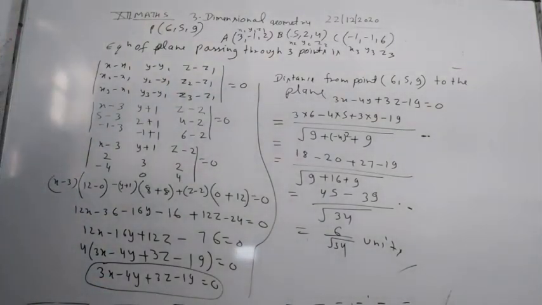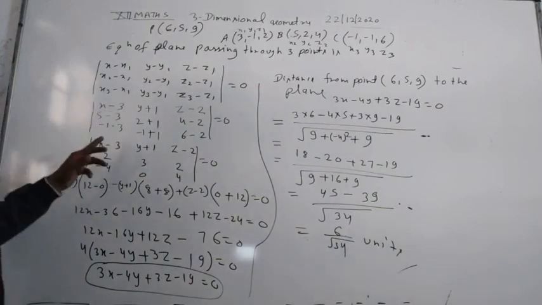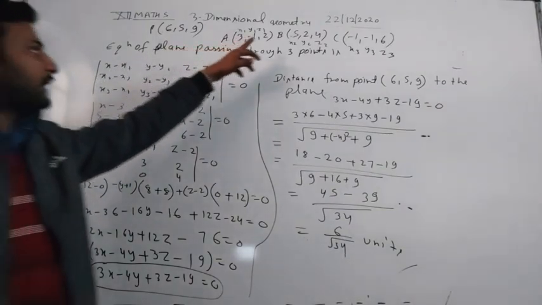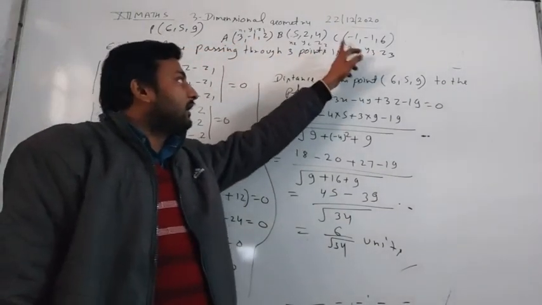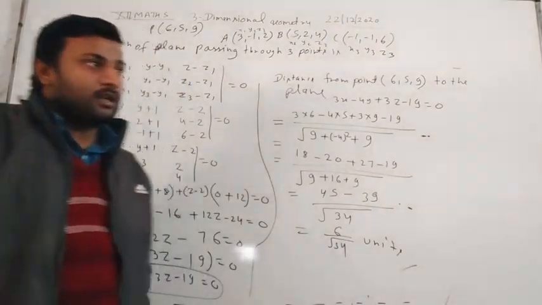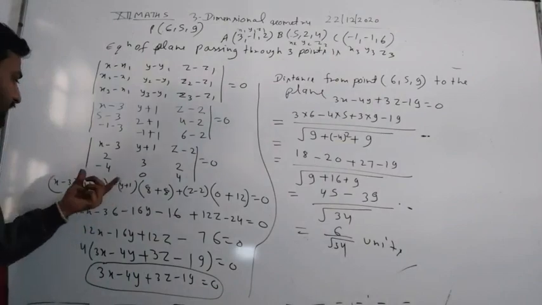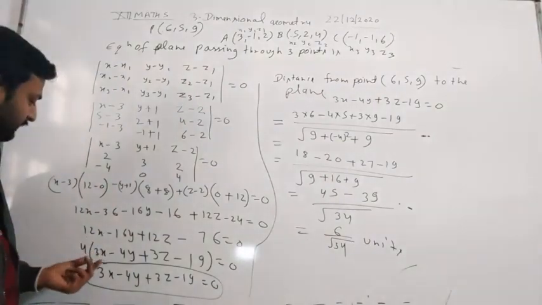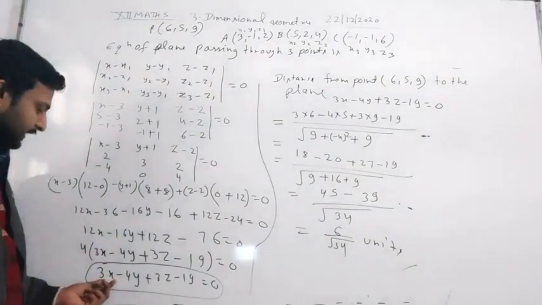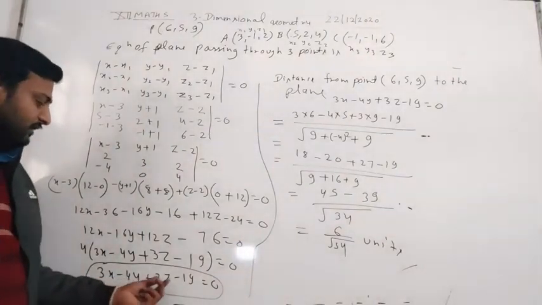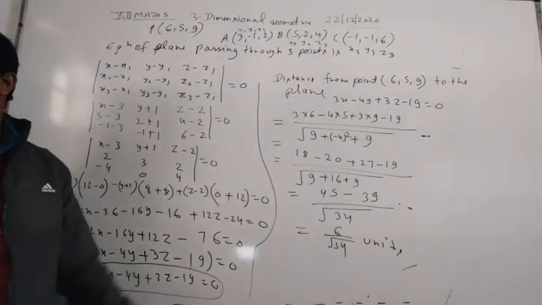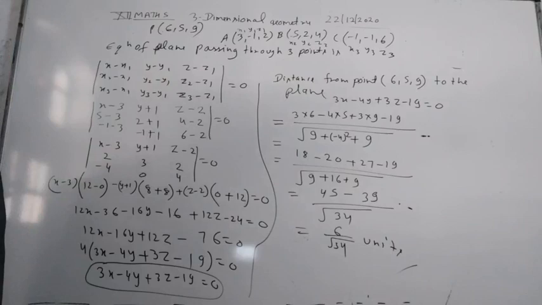Okay. Now we will put all the values of x1, y1, z1, x2, y2, z2, x3, y3, z3 and expand this determinant, and after calculation we are getting our equation of the plane as 3x minus 4y plus 3z minus 19 is equal to 0, student.